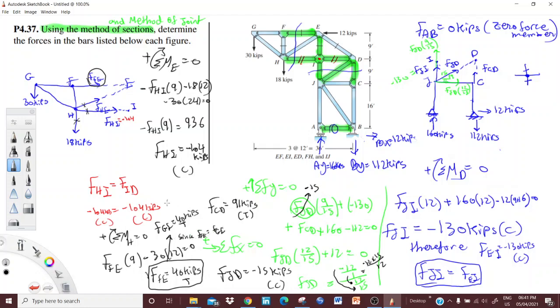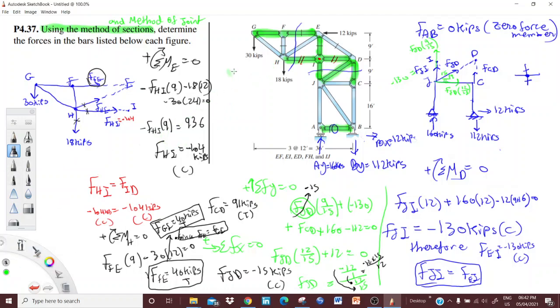Since Fe is equal to Fg, this member is equal to this member, so we get rid of this one also. So we are left with member FH.